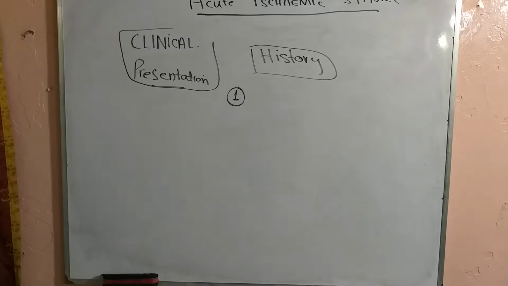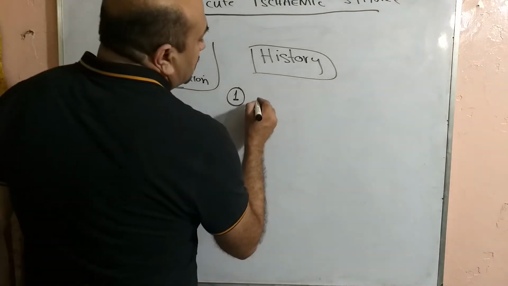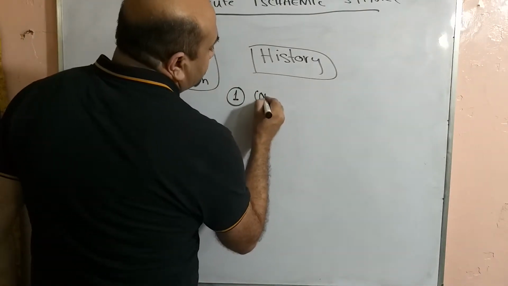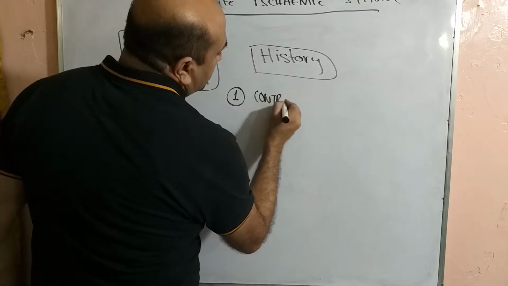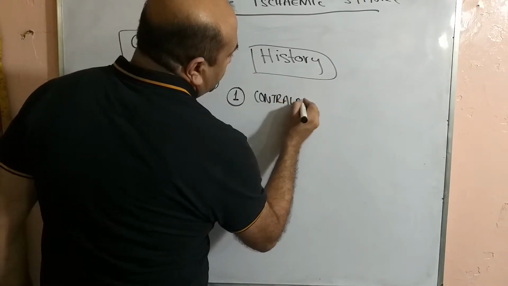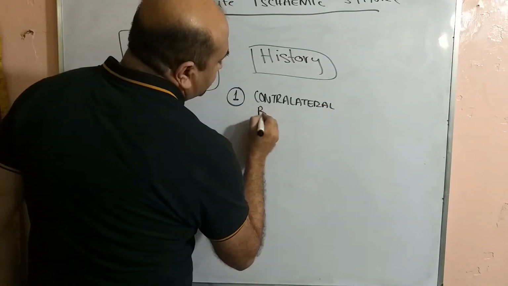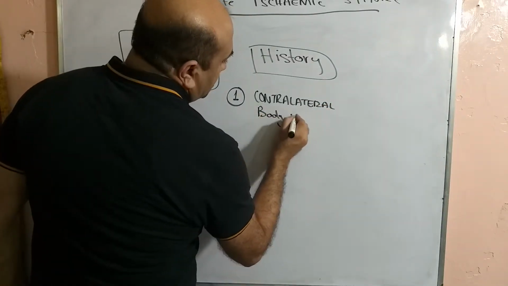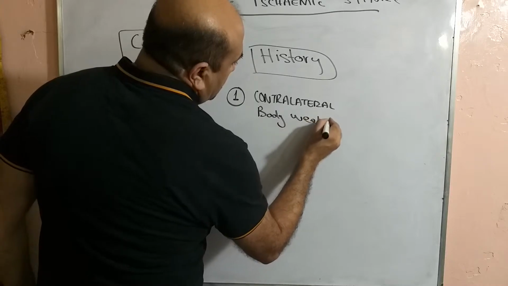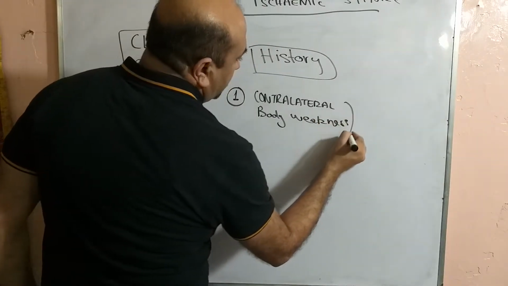They are known as stroke mimics, and we will talk briefly about them. But here, these patients present with contralateral body weakness, or hemiparesis.